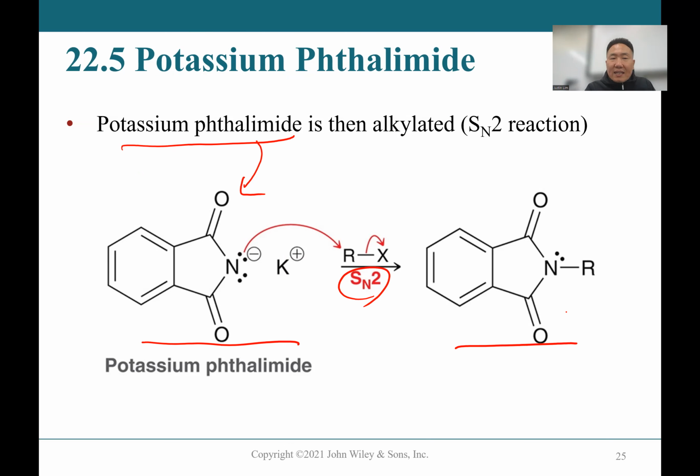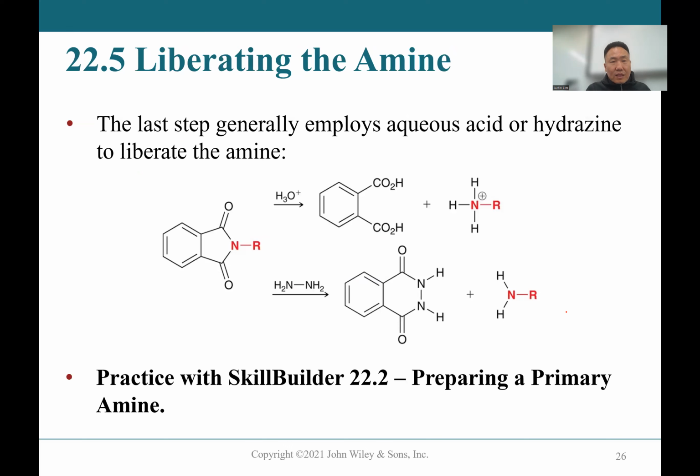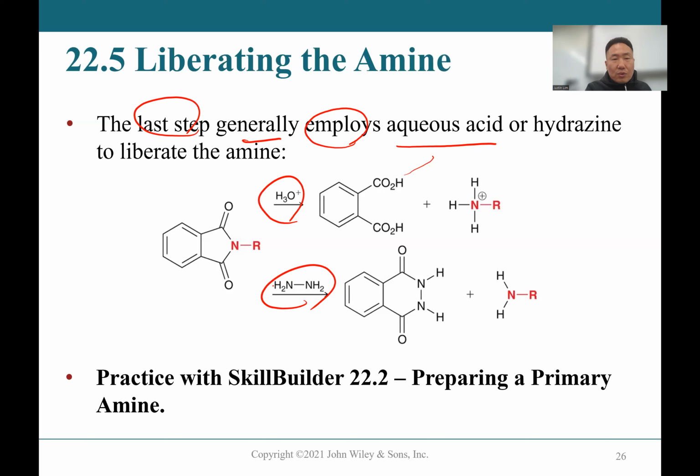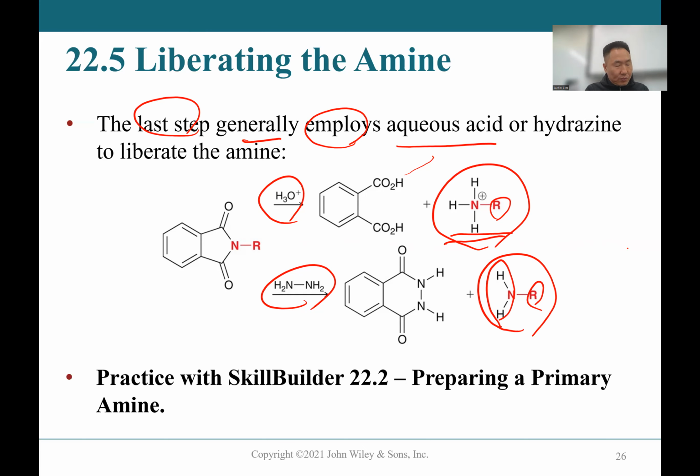So you can get the alkylated phthalimide product. The last step generally employs aqueous acid or hydrazine to liberate the amine. So you can get the primary amine, and after neutralization, you can get the primary amine too.